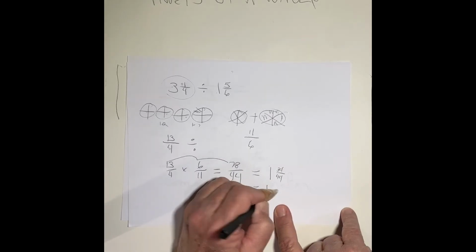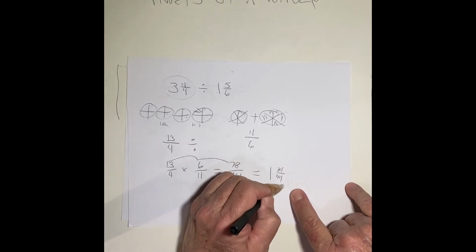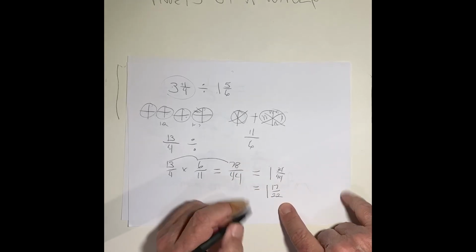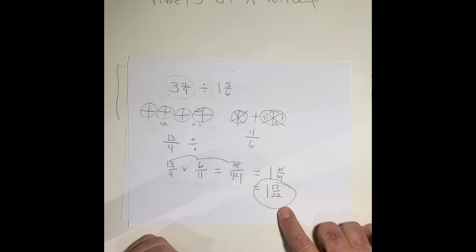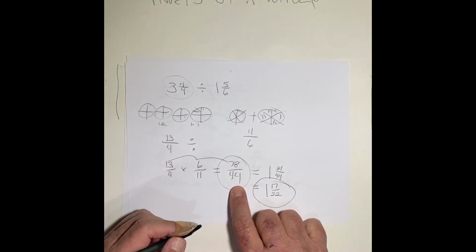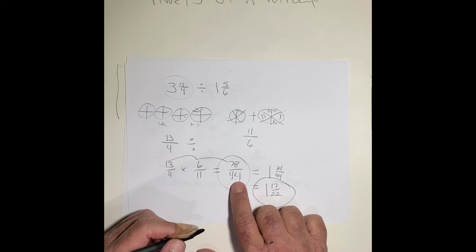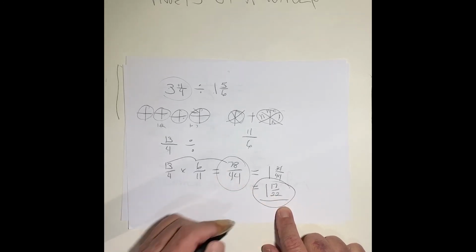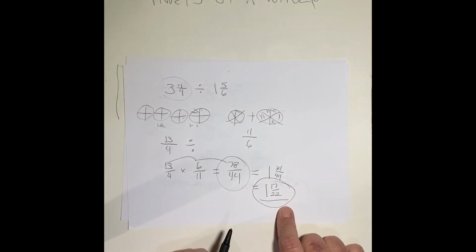I can reduce 34 over 44, half of that, half of this. Can I reduce that further? No, I don't think so. There's my answer. On a computer, if you put this answer in, it may tell you that you're wrong. It may be looking for this reduced answer, only because that's a convention.